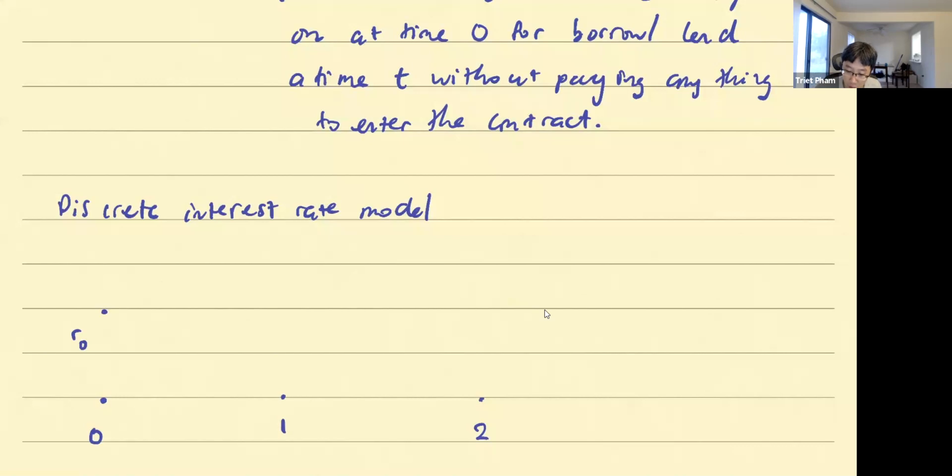Then how do we want to model the interest rate at time 1, interest rate at time 2? We want it to change with time. We don't want it to stay fixed because it's a function of time. Also, we want it to be random. So a simple yet a bit naive way to do this is just copy what we did for the stock model.